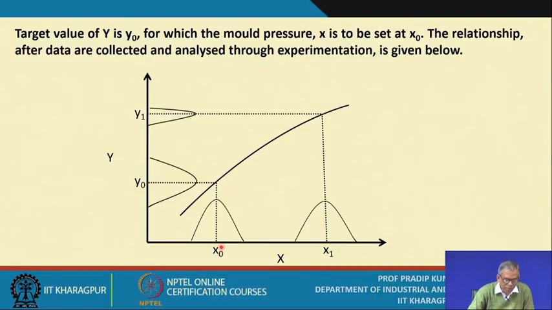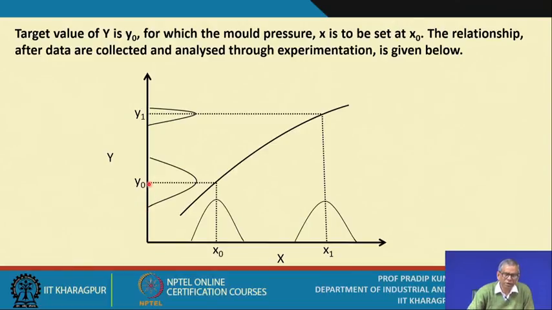But what happens is that you cannot get the value of x as x0 all the time. There will be variations. So, this is the variation, that means x0 plus minus delta x0. You cannot avoid this. So, with respect to the variability across x0, you will also be getting a variability of y across y0.